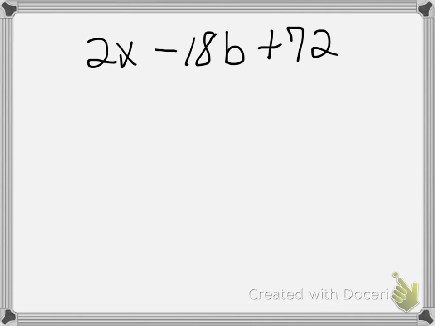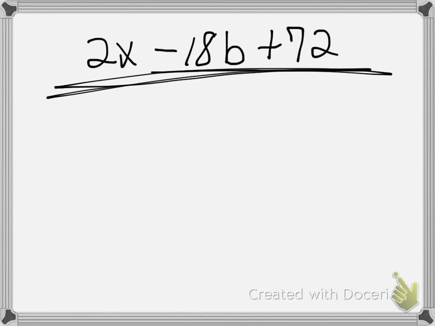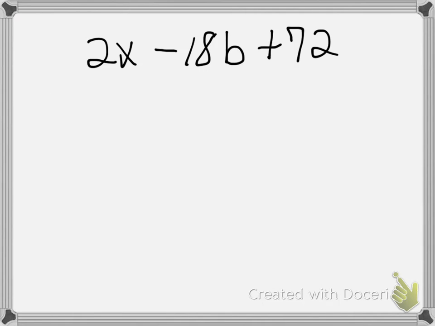And then for our last one here, I have 3 terms in this one expression that's simplified. And so that means I have to find the greatest common factor of all 3.